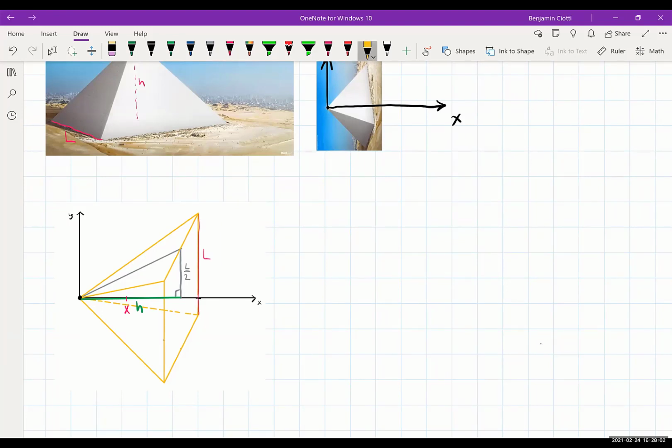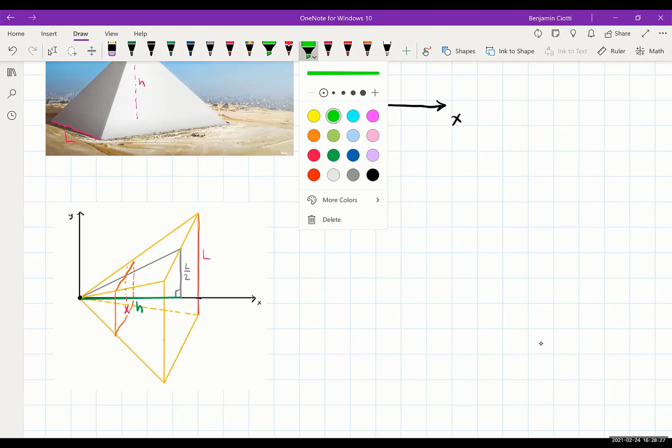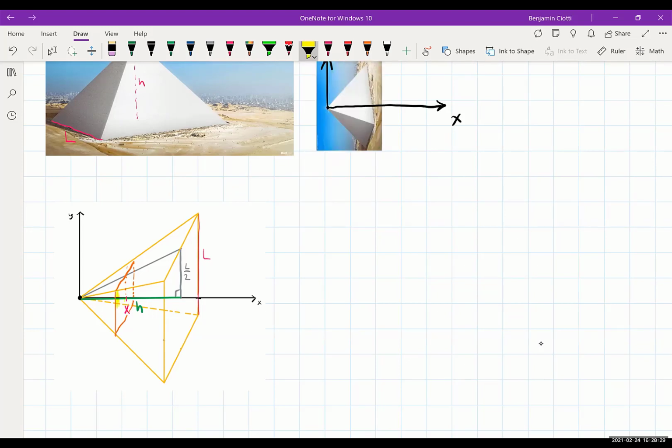Now let me try to draw a cross section. So there's one of my cross sections, and it's shaded in.